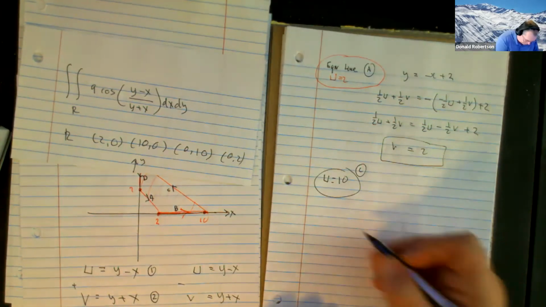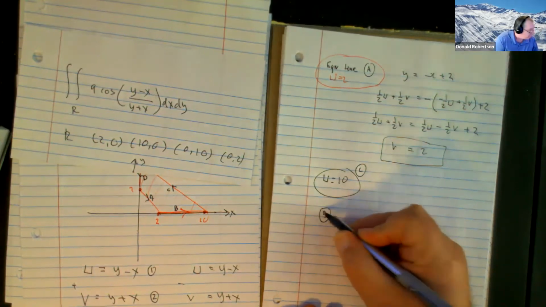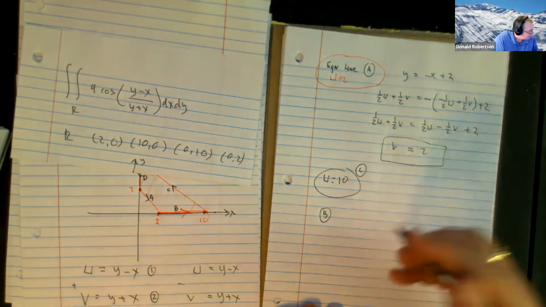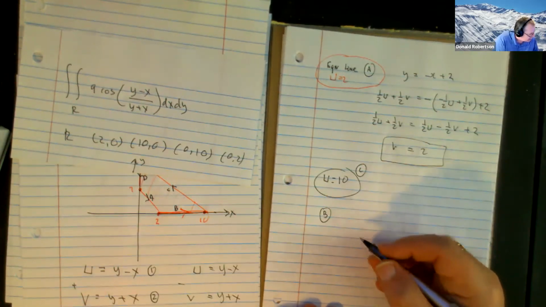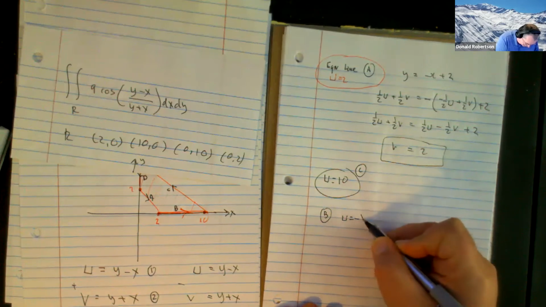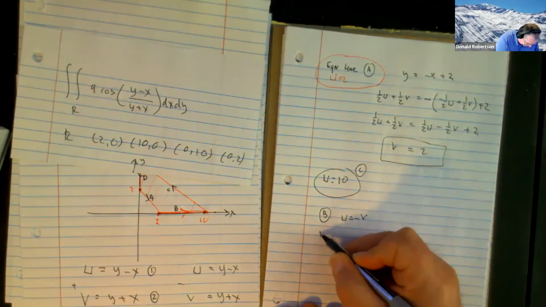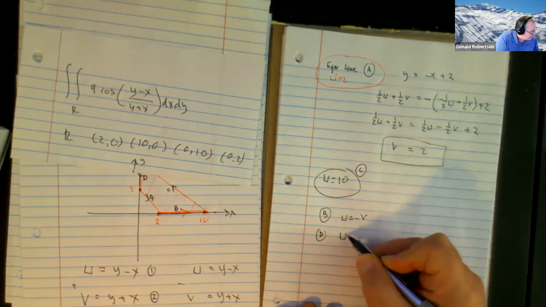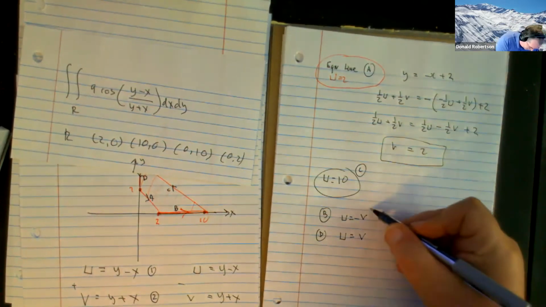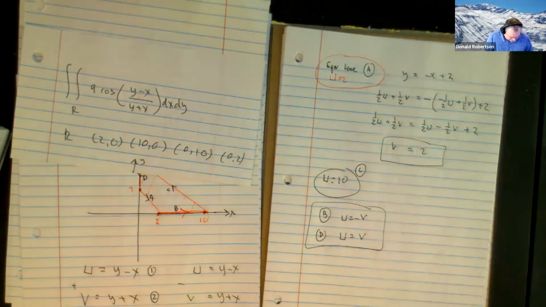If I do line B, which is just a horizontal line, you end up getting u equals negative v. And if you do the other line D, you end up with u equals v, or vice versa. So that's that taken care of.